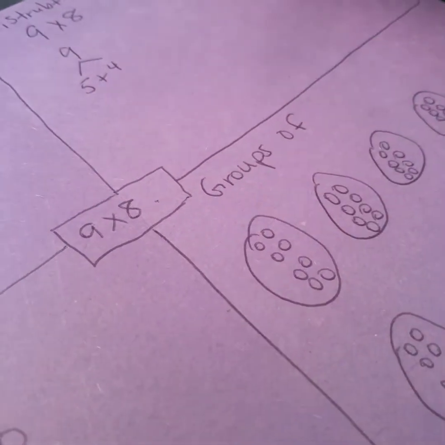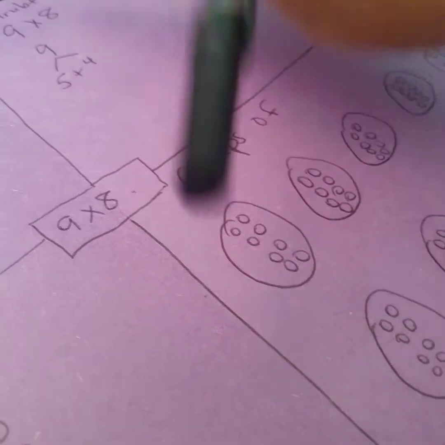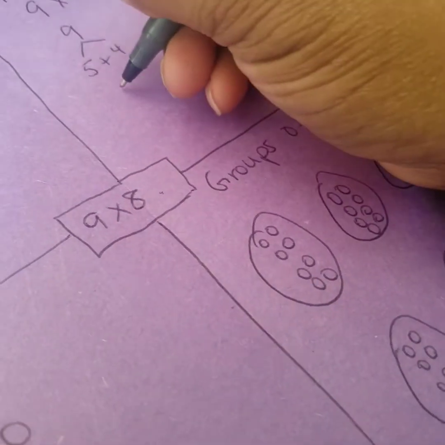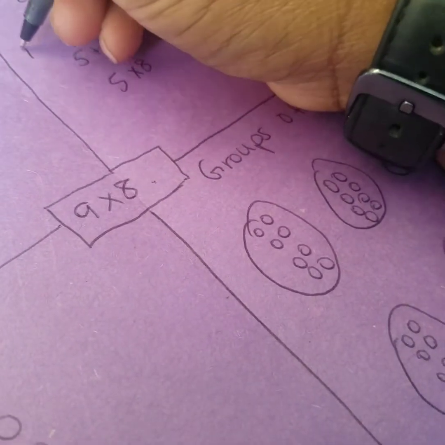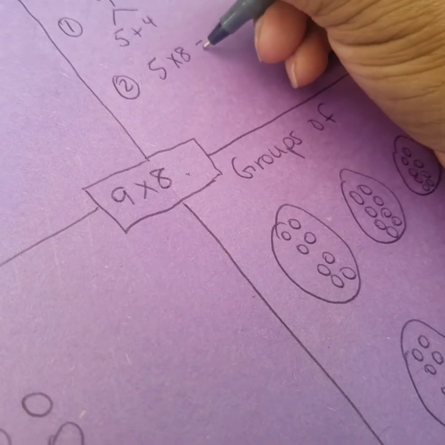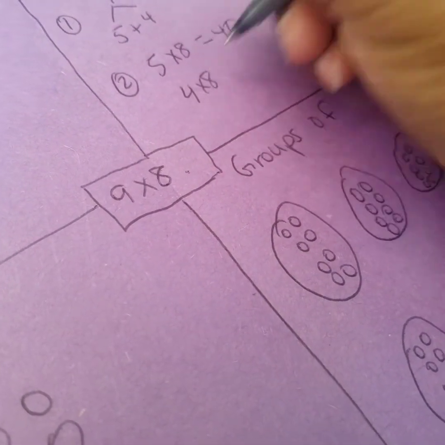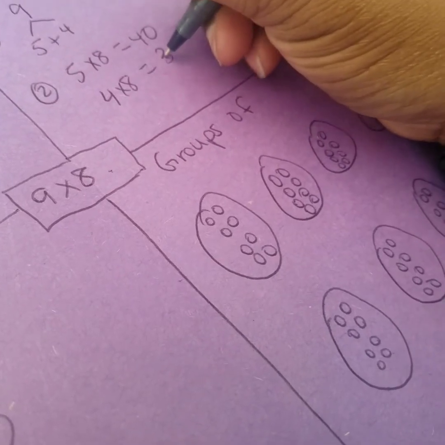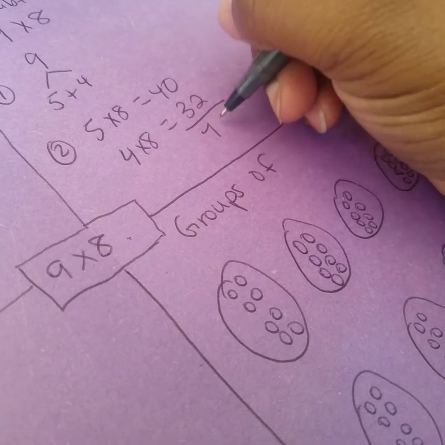And you're taking this 5 and this 4 and you're multiplying it by the 8, which would stay constant. So then that would be 5 times 8. I'm going to label this as the first step, and this is the second step, which is 40. And then you do 4 times 8, which is 32, which ultimately gives you 72 as well.